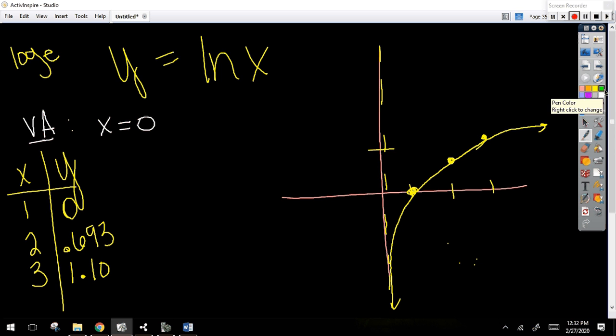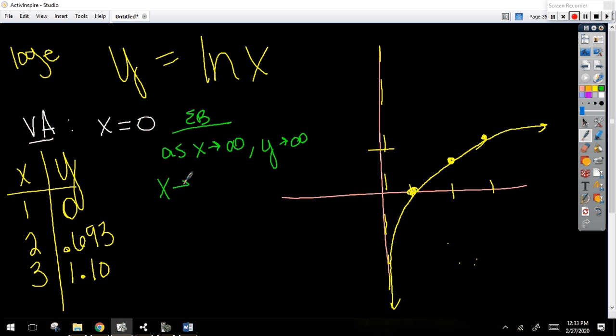How about the end behavior? To positive infinity, on the right side, what does the graph do? Right side, infinity. Now the other side is a little bit different because x doesn't go to negative infinity. But x is getting closer and closer to something, what? 0.